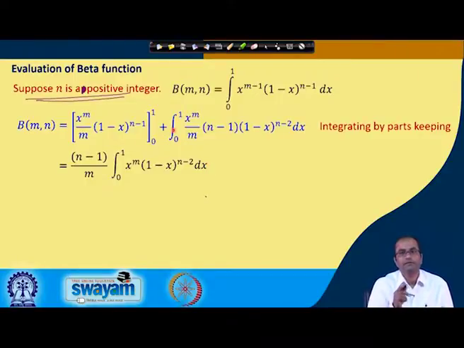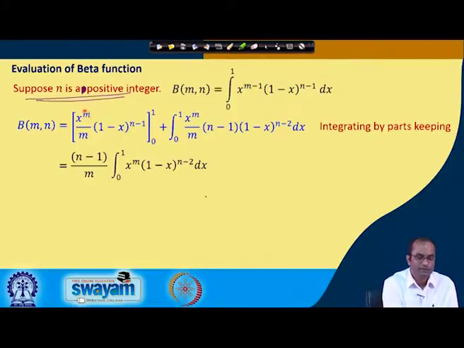We have integrated by parts, keeping in mind that n is taken as a positive integer, so that we can differentiate this function wherever needed. We have integrated one function and kept the other as it is in the first part, then the limits, and then plus again the same thing, where we have differentiated to get n minus 1, (1 minus x) to the power n minus 2, and the minus sign.